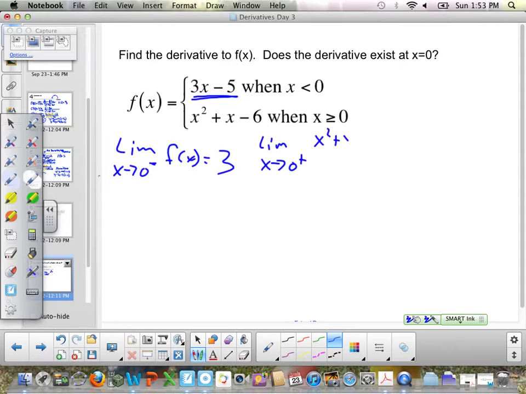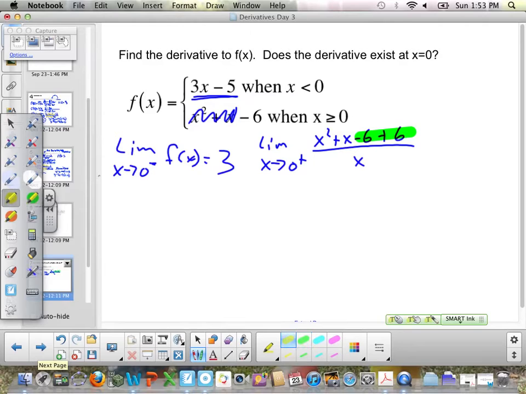The right derivative, the limit as x approaches 0 from the right, we'll go f of x, which is x squared plus x minus 6, minus f of 0. If we put 0 into that function, we get negative 6, all over x minus 0. We got a little simplification already done for us. That can cancel. These have x in common, so we'll factor those out.